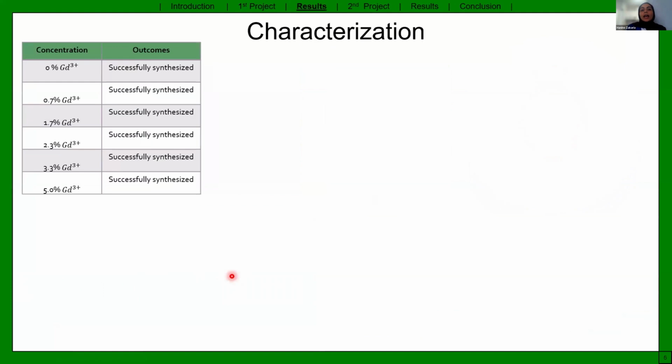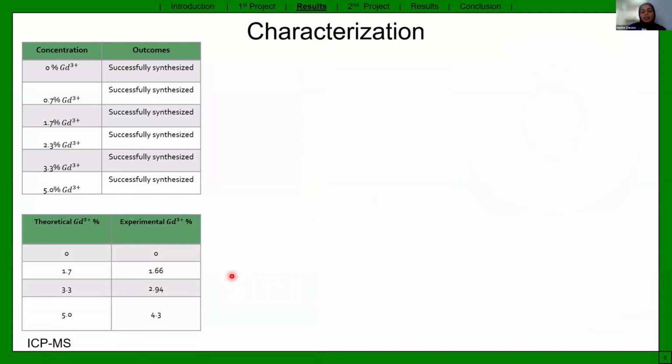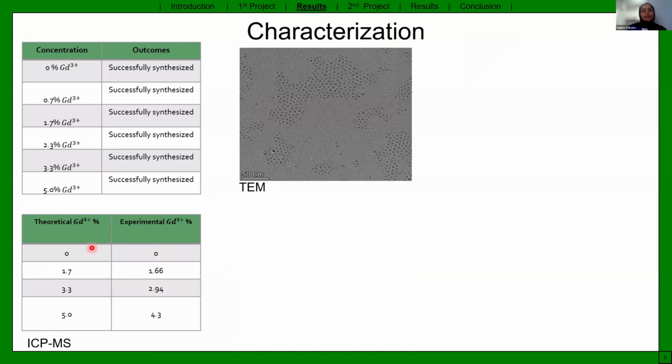And in order to test our hypothesis, I synthesized particles with different Gd concentration, and we did a lot of characterization, including the ICP-MS that confirmed the presence of Gd in my system, and we obtained experimental percentages close to the theoretical values. Also, we collected TEM images that showed that our particles are uniform and monodispersed.